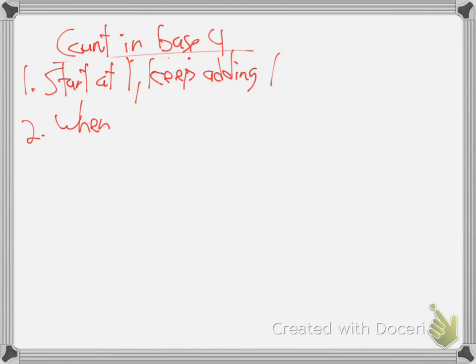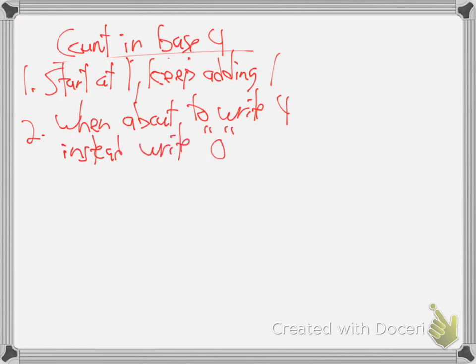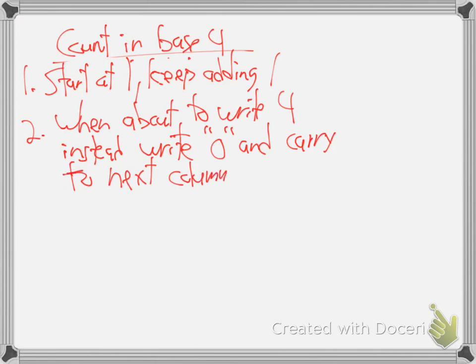But when you're about to write 4, since whatever the base, in this case 4, when you're about to write 4, instead write 0 and carry to the next column. Which is exactly what we're doing in our system too.